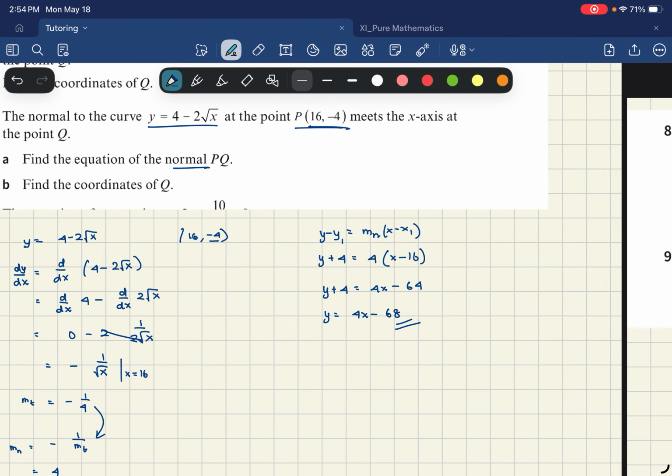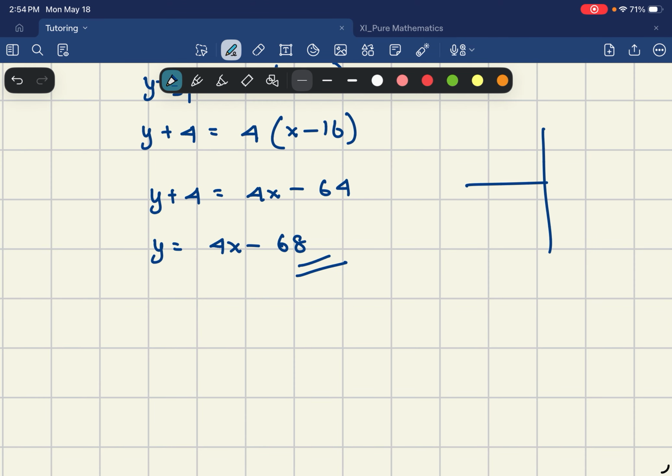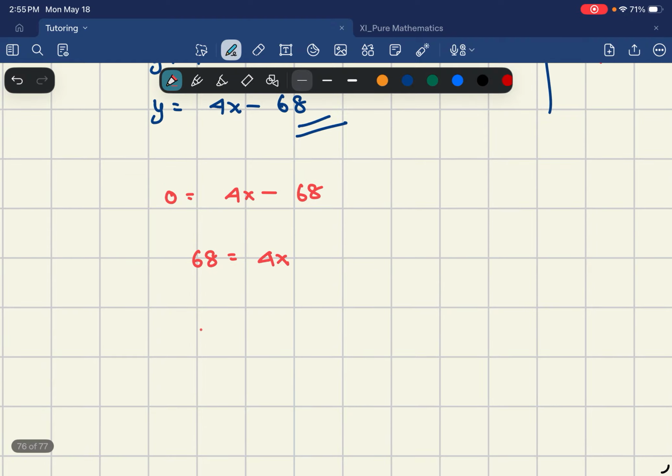All right. So we are done with A, and it says find where the normal meets the x-axis at coordinates Q. If it's meeting the x-axis, remember y is equal to 0 here. So I need to substitute y equals 0. So if I substitute y equals 0, I get 0 is 4x minus 68. 68 is equal to 4x, and x is going to be 68 divided by 4.